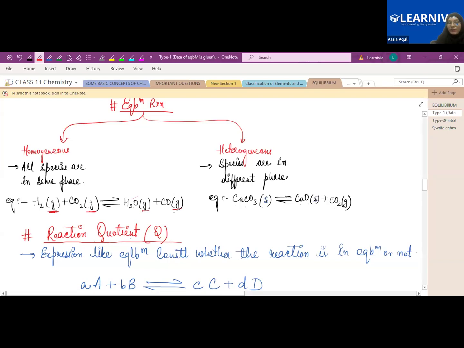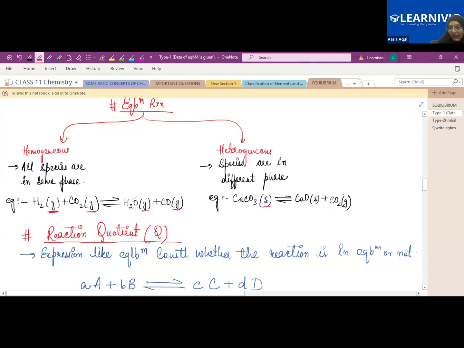Similarly, the second one is your heterogeneous equilibrium reaction. Heterogeneous equilibrium reactions are those in which species are in different phases. You can see the example: calcium carbonate, which is in solid form. But when it dissociates, it will form calcium oxide plus carbon dioxide.